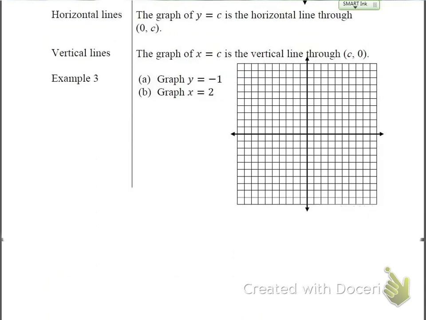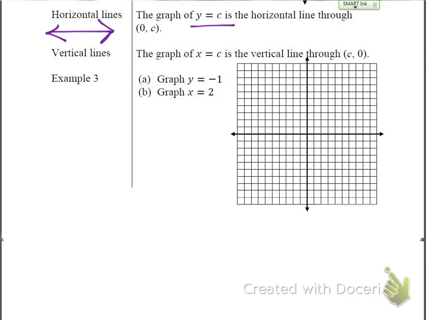Okay, so special cases of lines. We have horizontal lines and we have vertical lines. A horizontal line means that it is going left to right. So it looks like this. And occurs when you have y equals some number. So y equals a number is a horizontal line because it's crossing the y-axis.